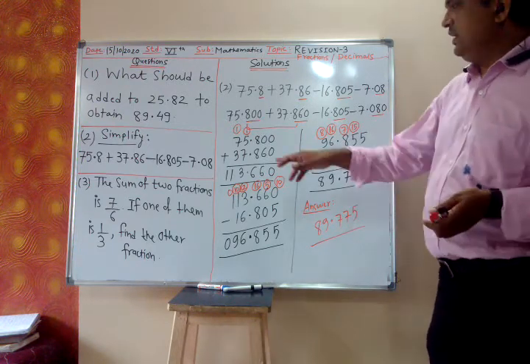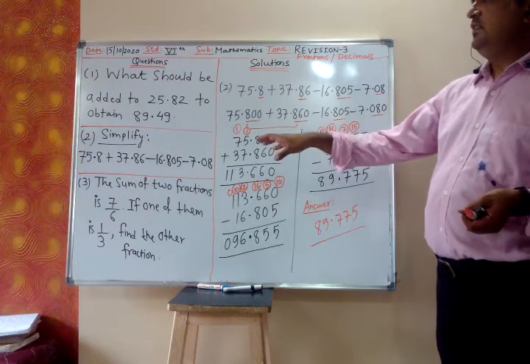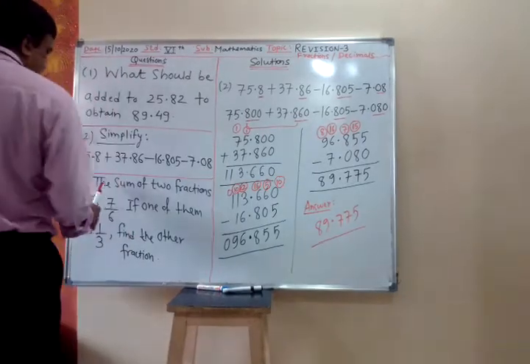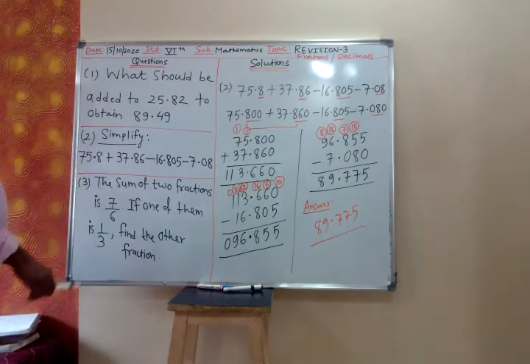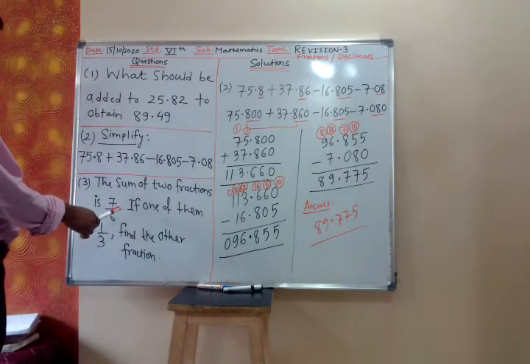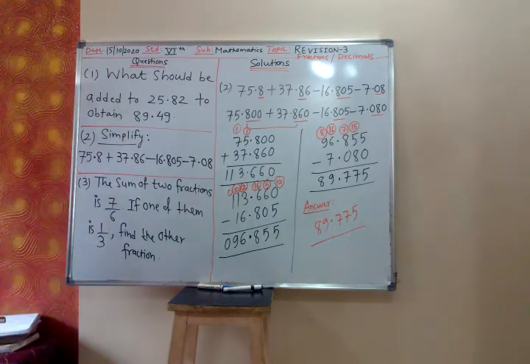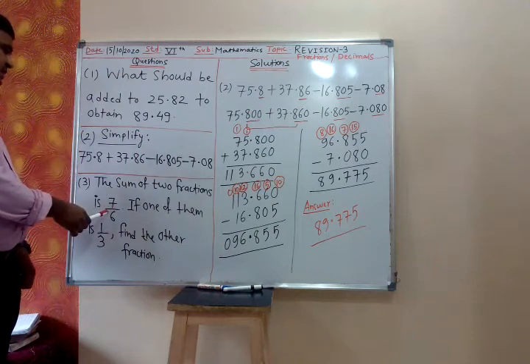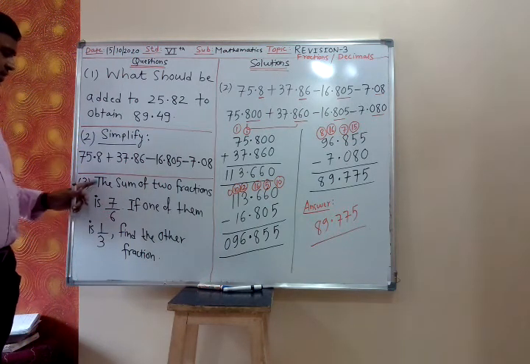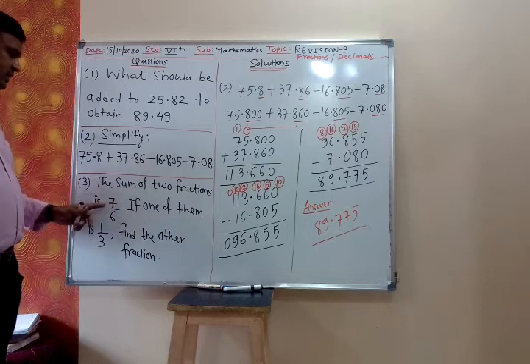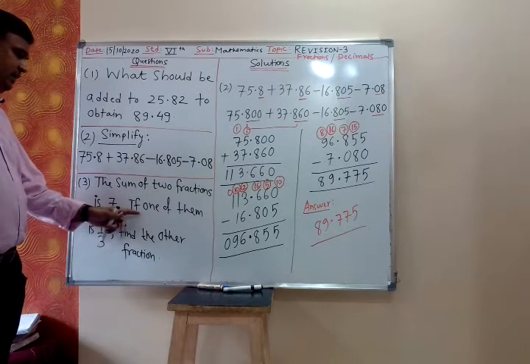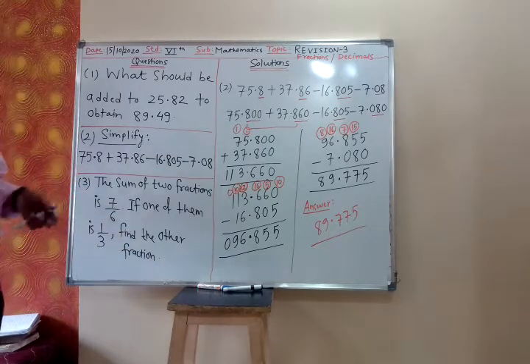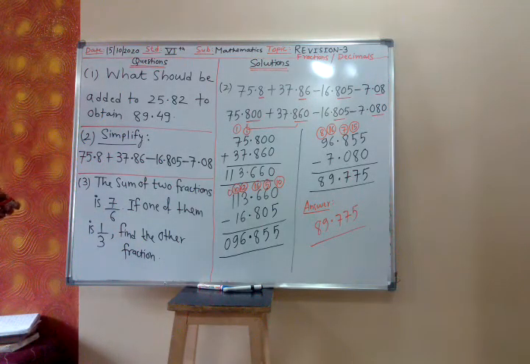Okay. Now start third. Focus on the word. The sum of two fractions is 7/6.